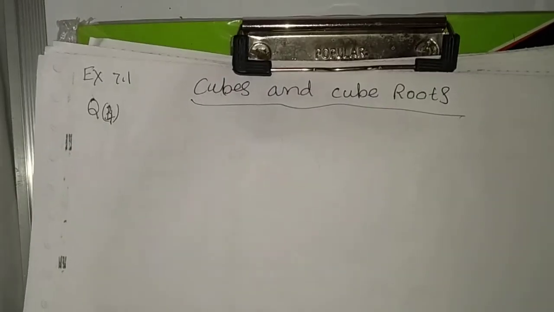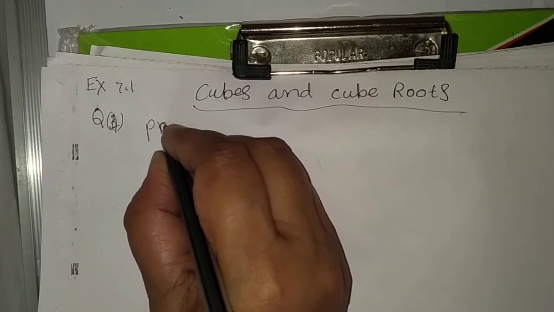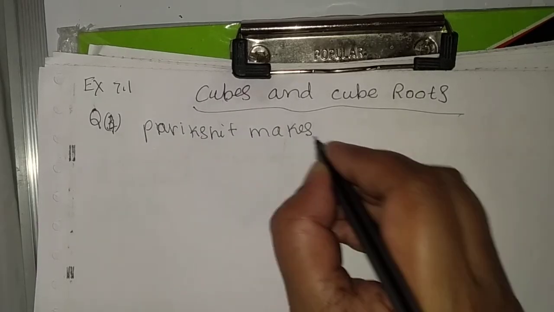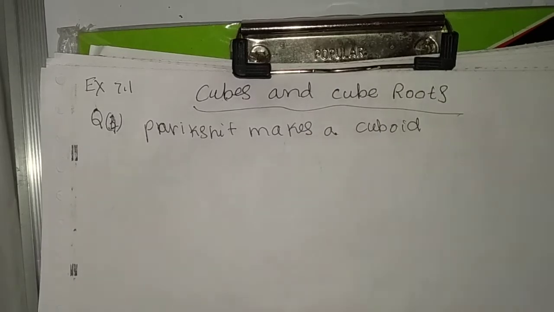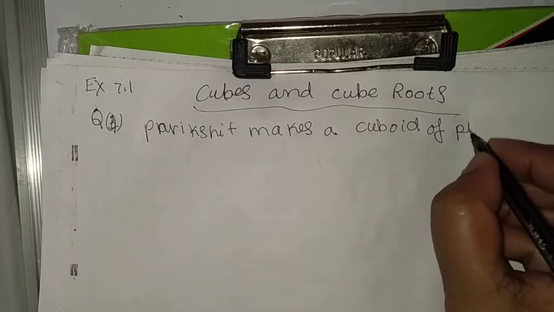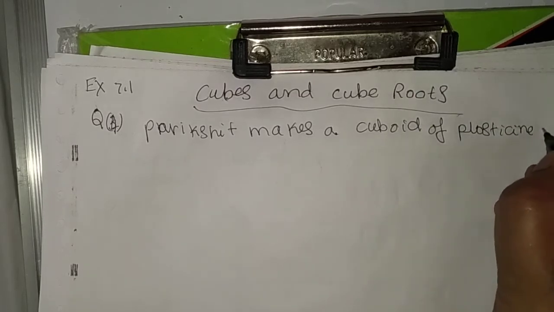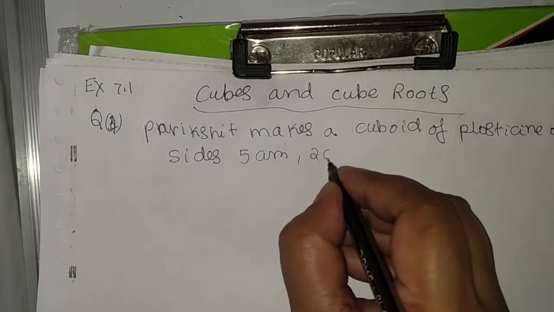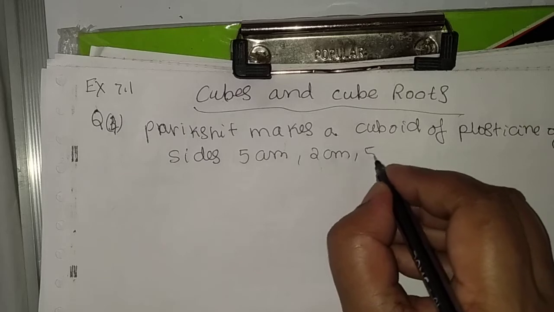So the fourth problem here. So the question here is, Parikshit makes a cuboid of plasticine of sides 5 centimeters, 2 centimeters and 5 centimeters.